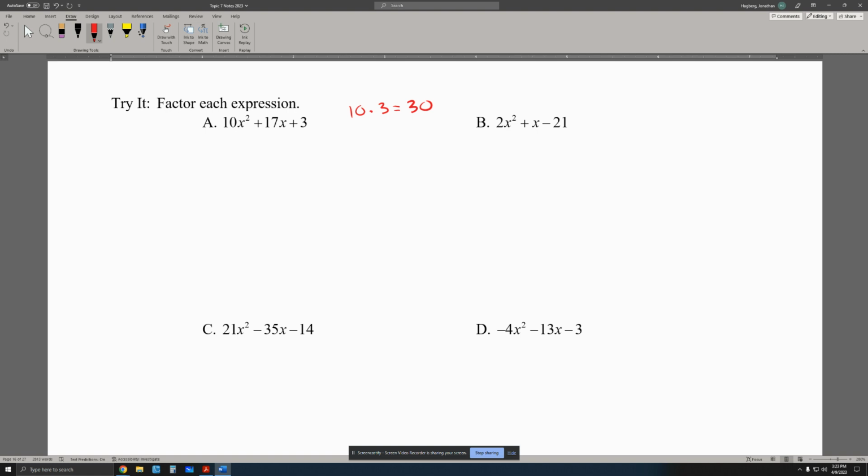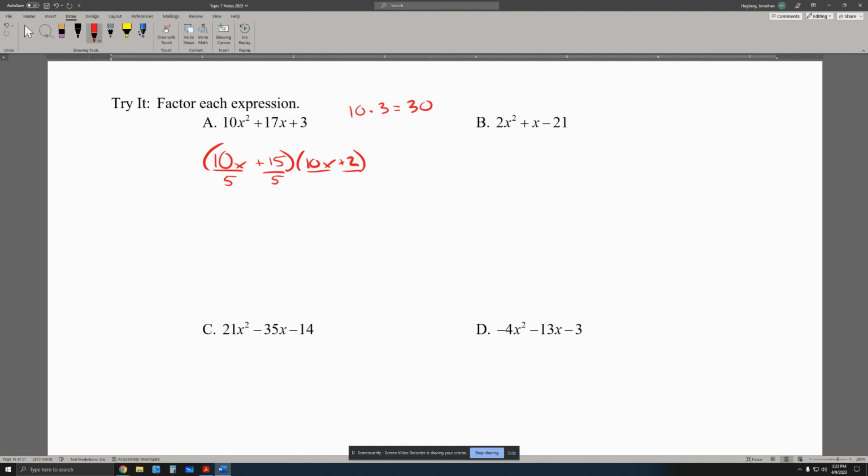So remember those factors of 30. 1 and 30, 2 and 15, 3 and 10. So the factor pair that adds to 17 is 2 and 15. So we have 10x and 15, and we have 10x and 2. Factoring out the GCF, the first one, we have a GCF of 5.